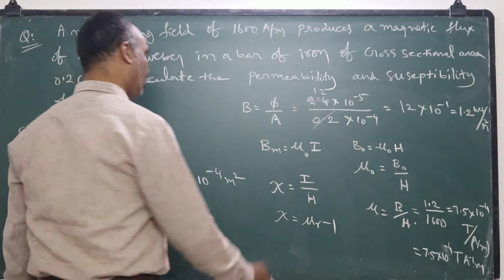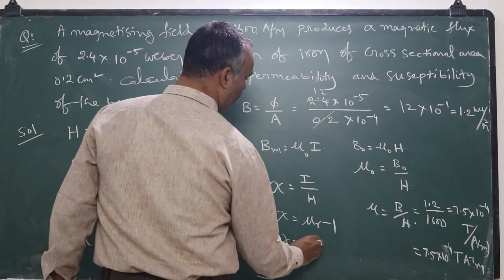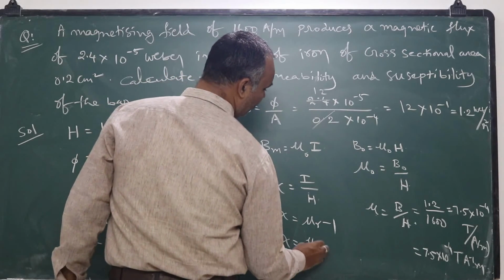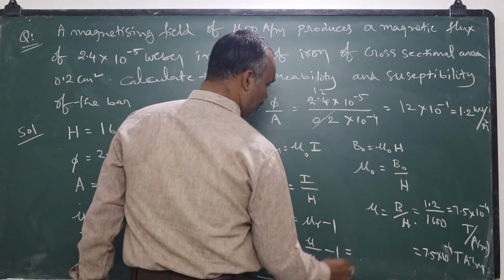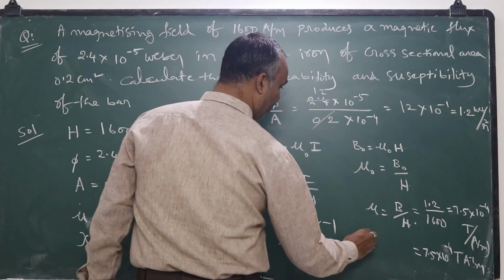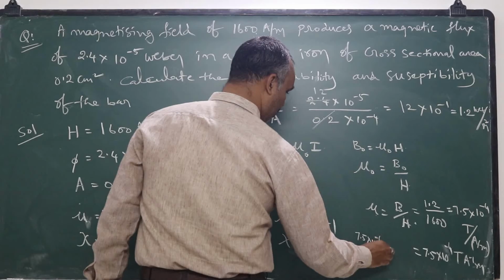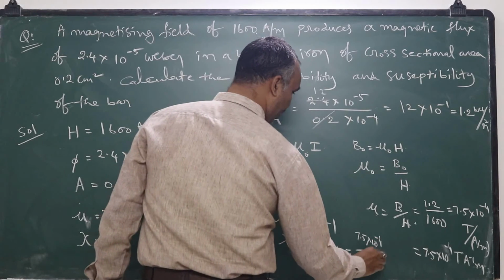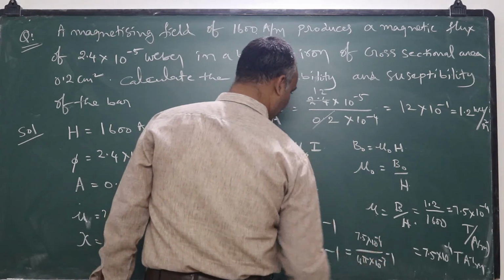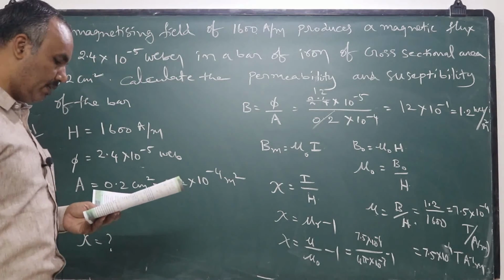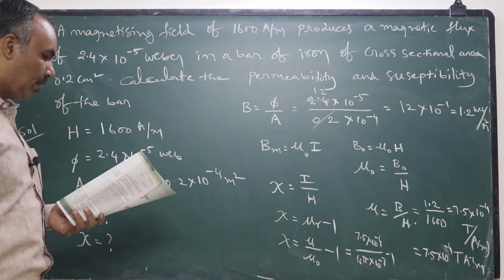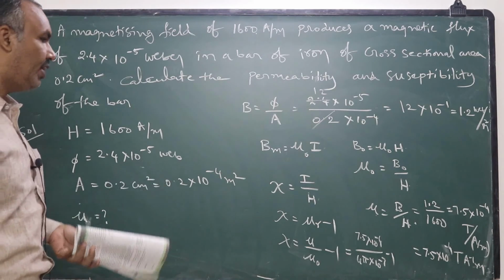This I will tell you. Susceptibility is equal to permeability of the medium by permeability of free space minus 1. So mu is 7.5 into 10 power minus 4, divided by 4 pi into 10 power minus 7, minus 1. If you simplify, you will get the value as 596.1.